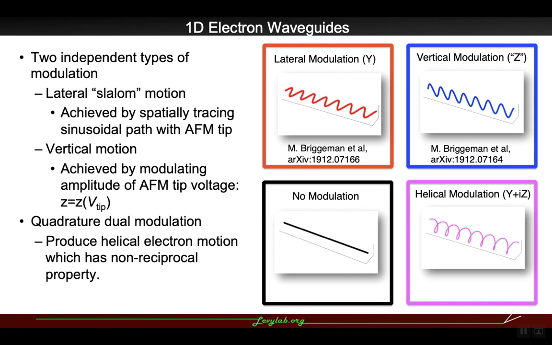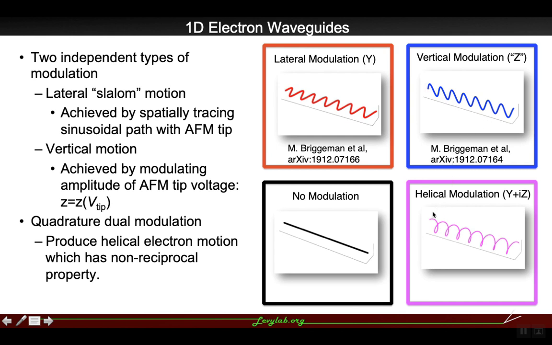To reach those new nanostructures, I did some new modulations on the AFM tip. The lateral modulation is achieved by tracing a sinusoidal path with the tip, and the vertical modulation is achieved by changing the amplitude of the tip voltage.